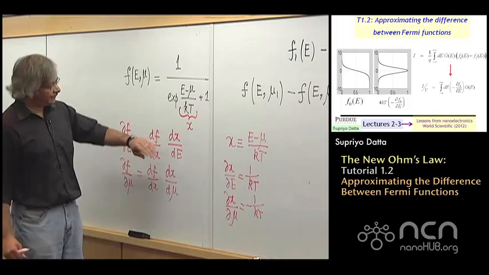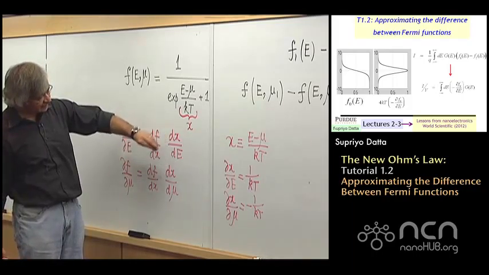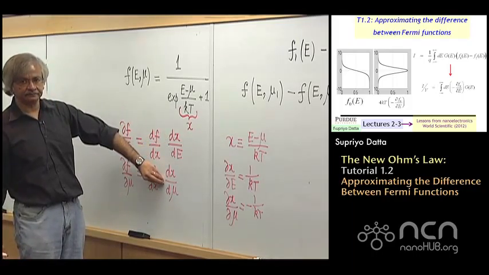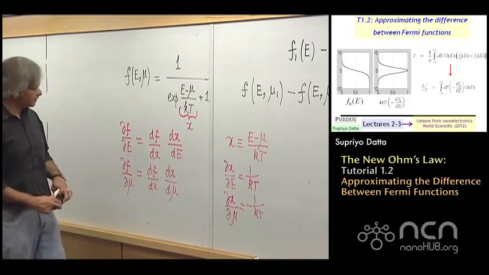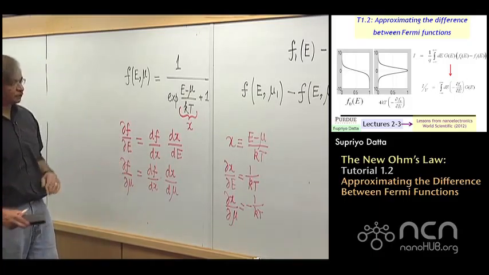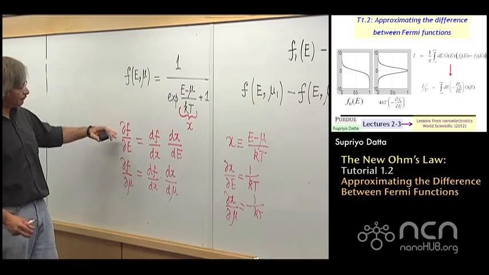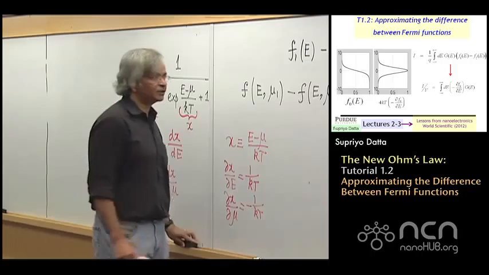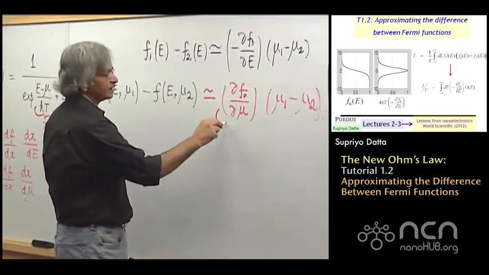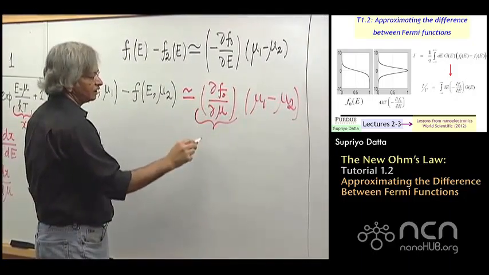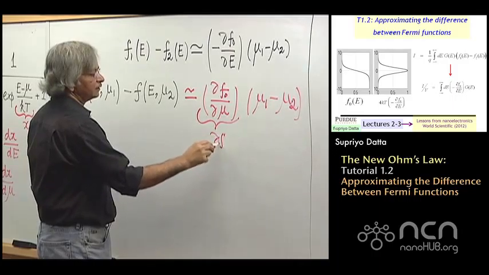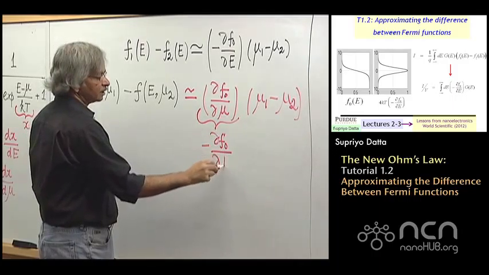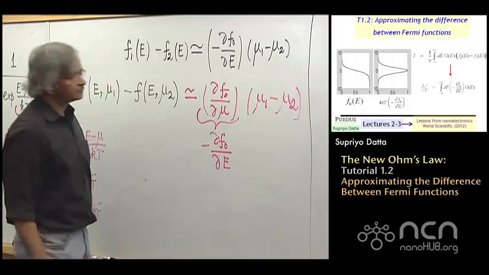So one of these is exactly the negative of the other. What that means is that the derivative with respect to mu is the negative of what you get by taking the derivative with respect to E. So that completes the proof, in the sense that this quantity here can be replaced by the partial derivative with respect to E. That's it.